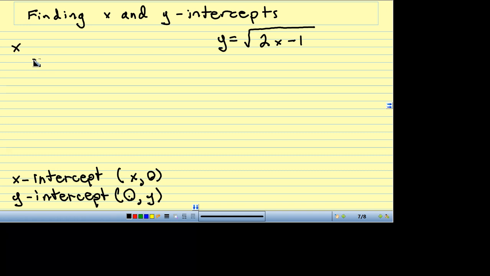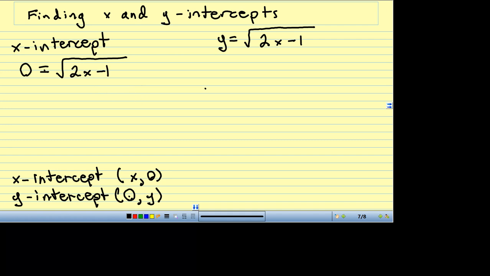to find the x-intercept, again, my y value is 0. So I'm going to say y is 0, and that's equal to square root of 2x minus 1.